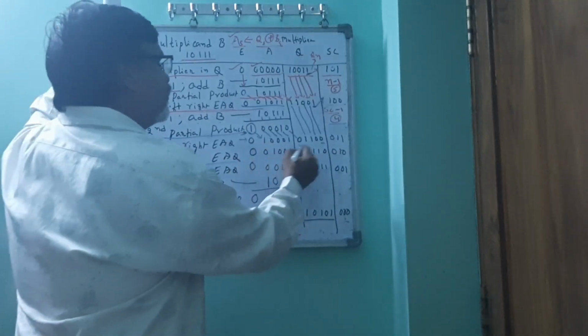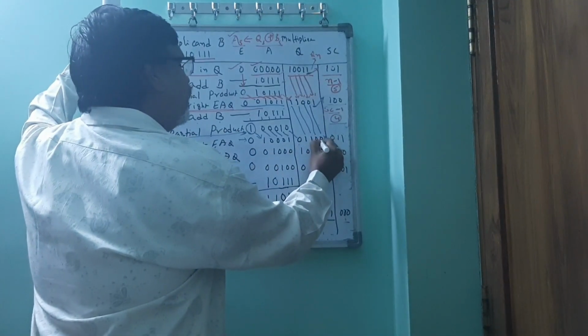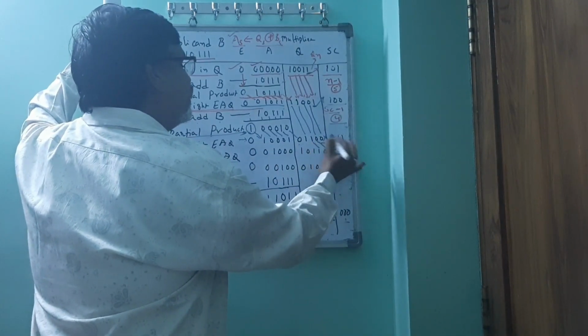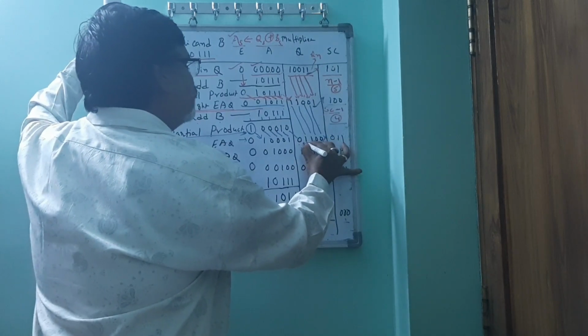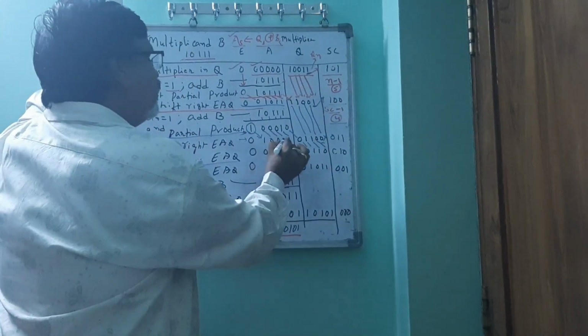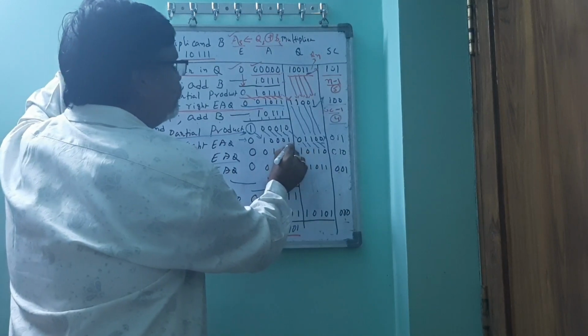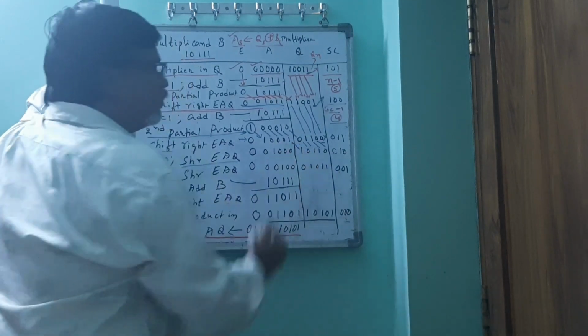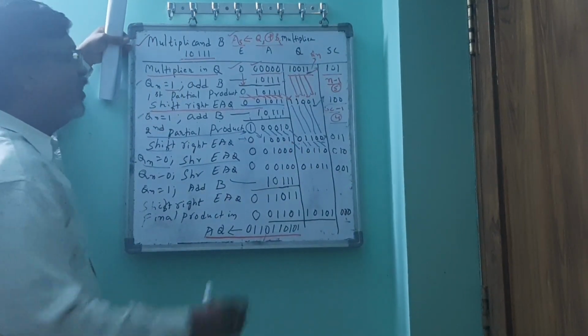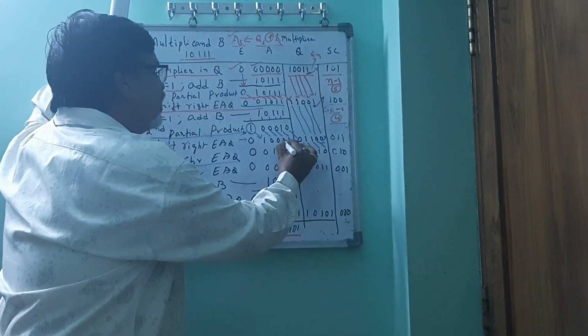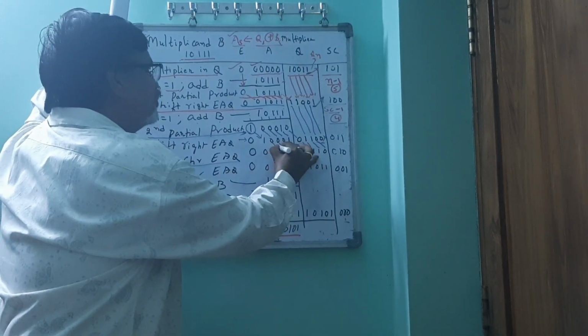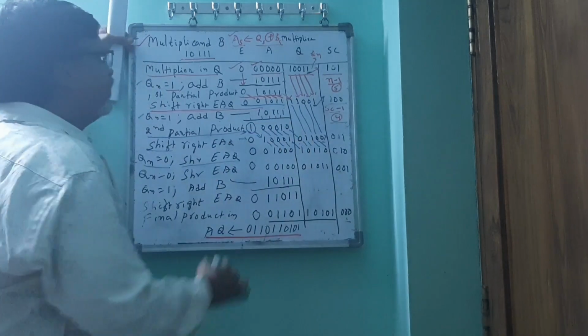When shifting right, this will be gone, and the 0 here, and this one here, this 0 here. Then again the least significant bit of A is moved to the most significant bit of Q, and this 0 here, this 0 here, this one here.